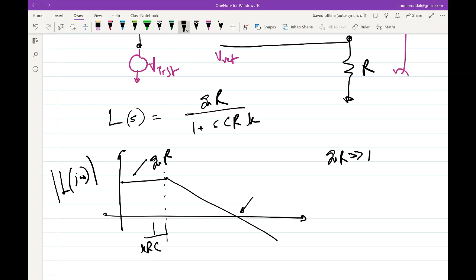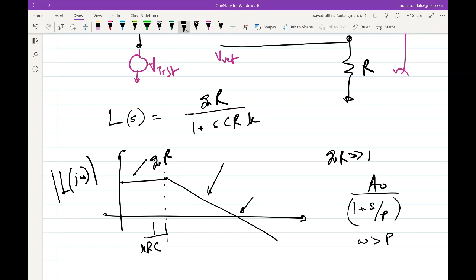So what is the expression of this straight line segment? For Bode approximation, what am I essentially saying? If it's of the form of 1 by 1 plus S by P, and I'm operating at omega greater than P, what does Bode approximation tell us?